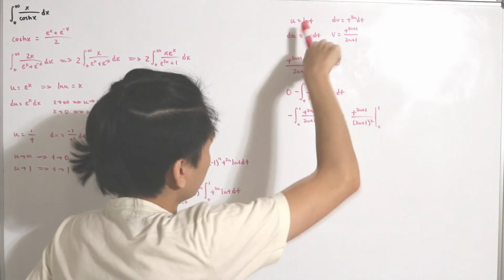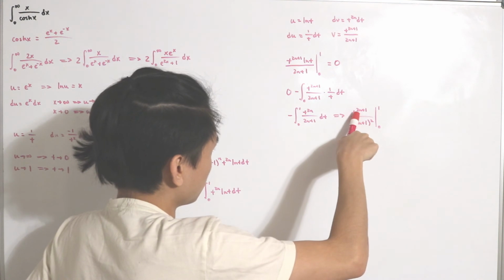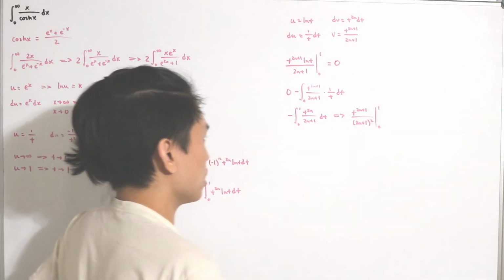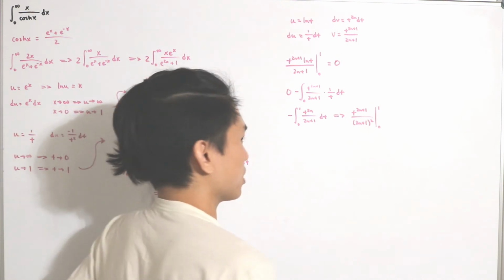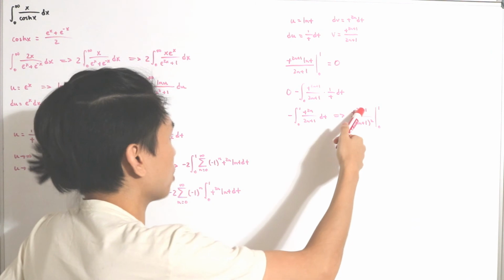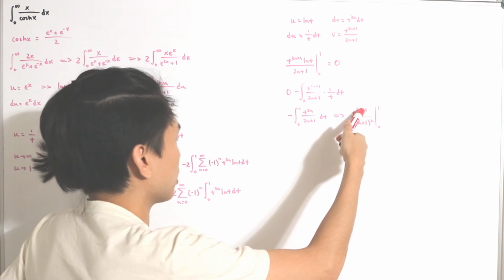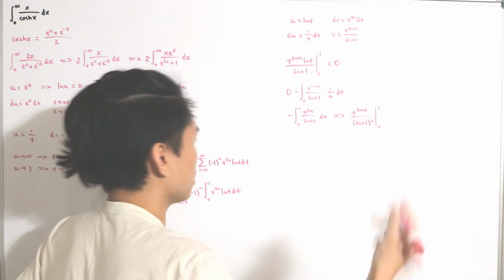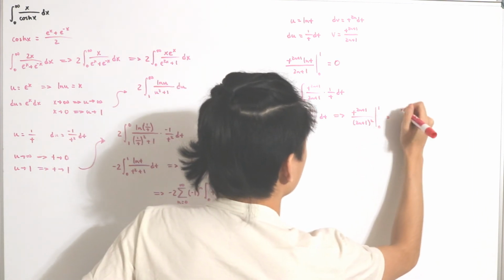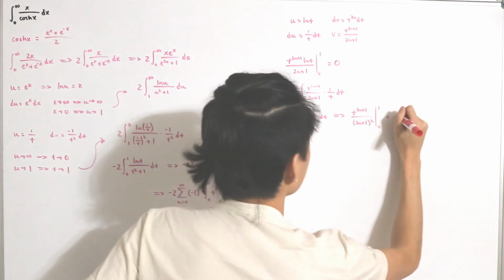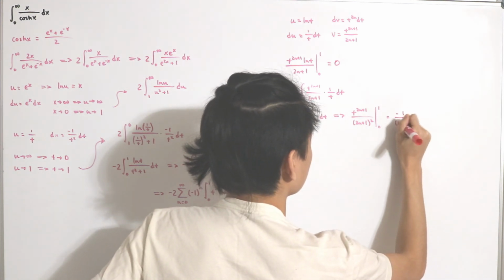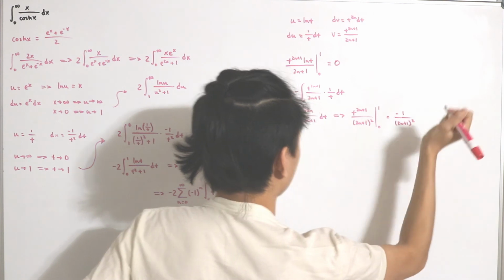Same argument from before: plugging in t equal to 0, any positive exponent of 0 is always 0. Also be careful because 0 raised to the 0 is equal to 1, but because the index n equals 0, the exponent is actually 1, so it's still 0 regardless. So this is negative 1 divided by (2n plus 1) squared.